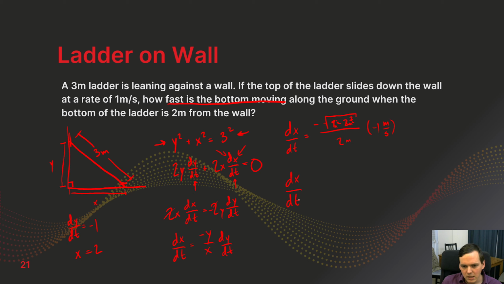If you work through that and play around with it, you'll get 0.893 meters per second. And if we check our units, 9 meters when it gets squared, because it's 3 meters squared, 2 meters that gets squared.